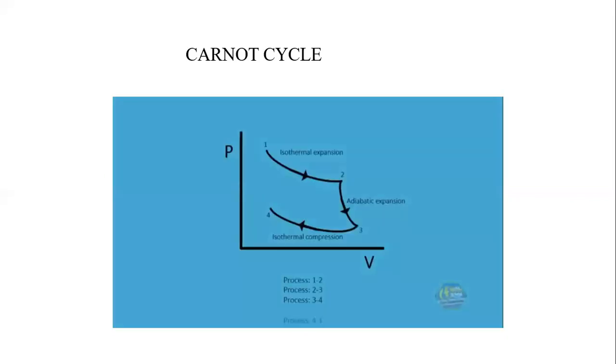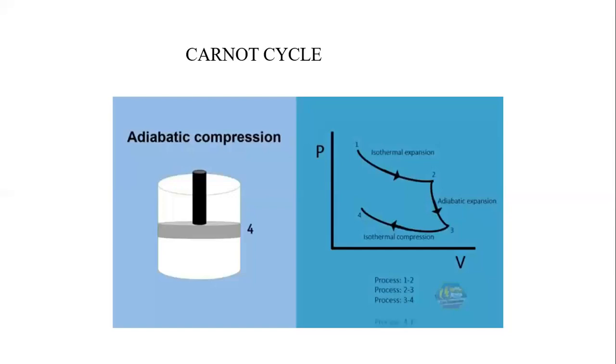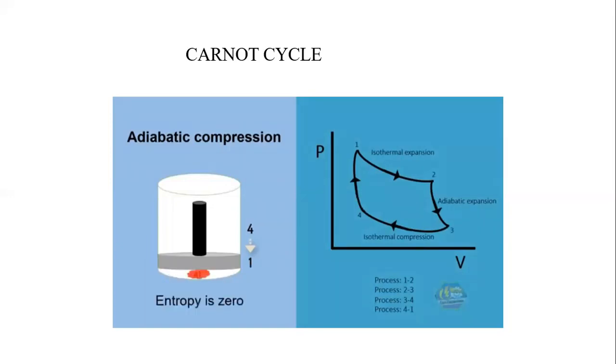And finally, the last process is called the adiabatic compression. Since it's adiabatic, all change in temperature is contained within a system, and our entropy is zero. Also, since this is compression, it means our volume decreases while our pressure increases. So that's it. That makes it a cycle.